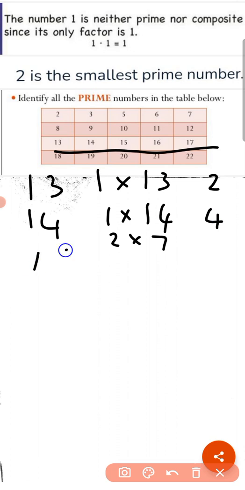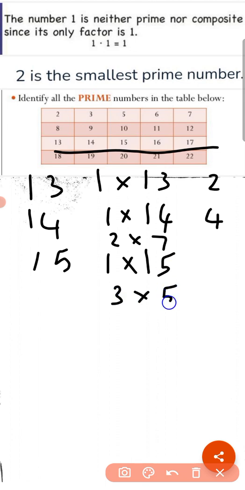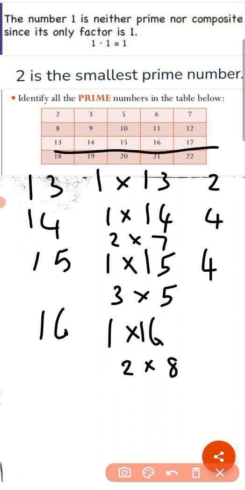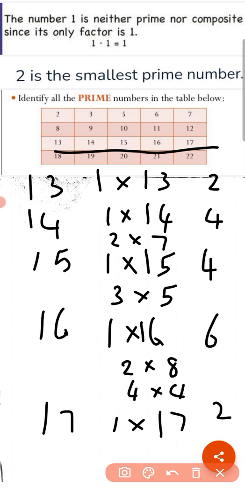Then 15. 1 into 15, 3 into 5. 4 factors. Then 16. 1 into 16, 2 into 8, 4 into 4. So total 6 factors. Then 17. 1 into 17. 2 factors.